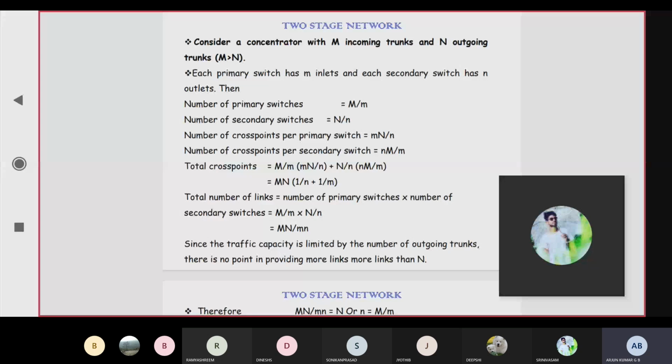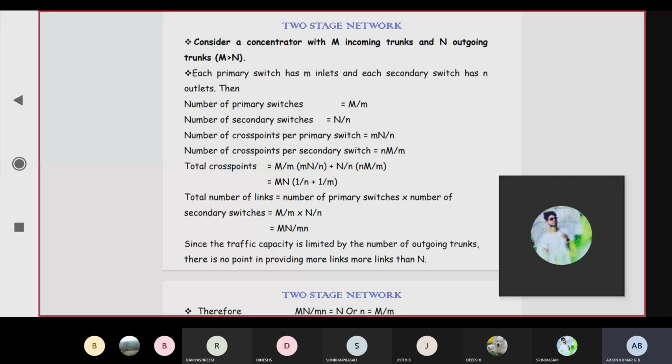Small m is the inlets of the primary switch and N by n is the number of secondary switches. If we multiply these two, we will get the number of cross points per primary switch. Similarly, the number of cross points per secondary switch is given by the same approach. The secondary switch inlet count is n, multiplied with the number of primary switches, n into M by m.